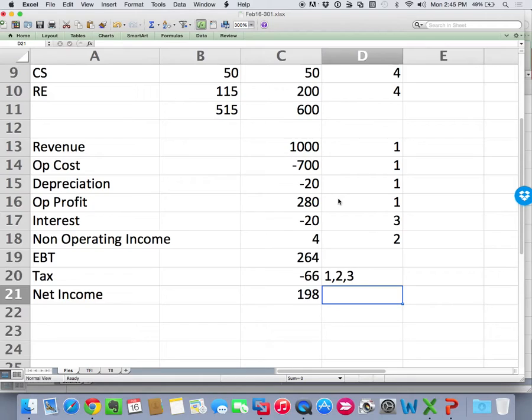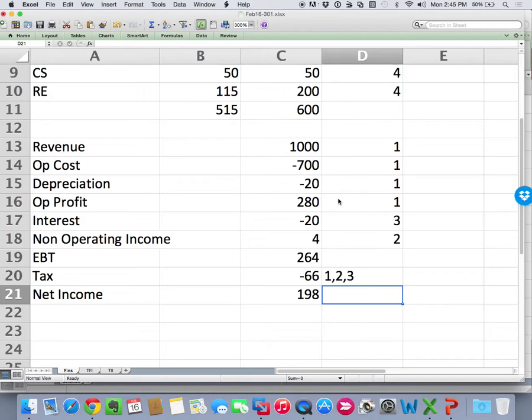What I'm going to do is we're going to show you how to look at the taxes to each of the sections. So we're going to look at the impact of taxes on operating cash flows, the impact of taxes on the non-operating cash flows, and the impact of taxes on the debt cash flows, the tax shields. All right? Now, we're still going to end up with the same taxes the company pays, but we're going to split it out into each one of those 3 areas. So 1, 2, and 3.